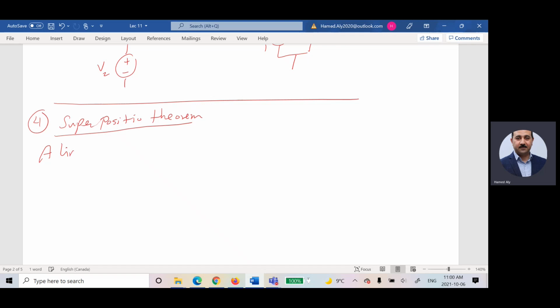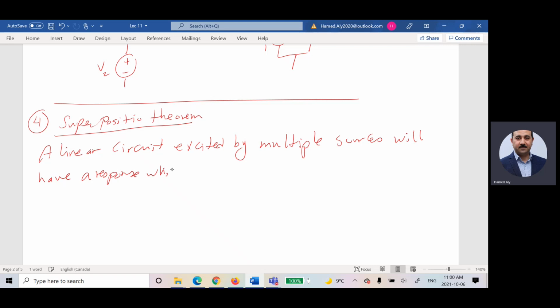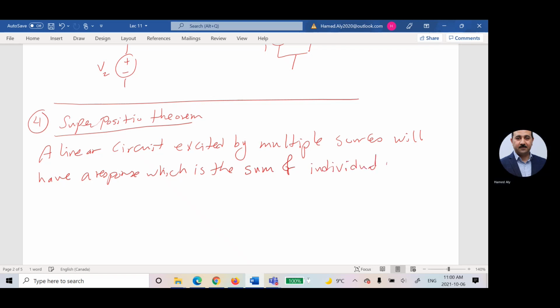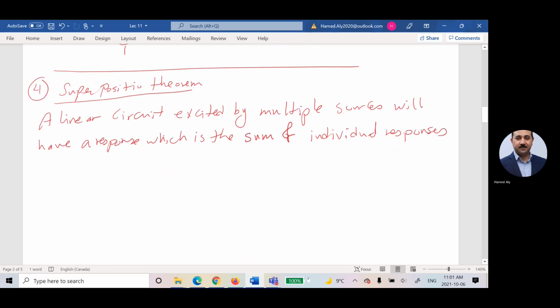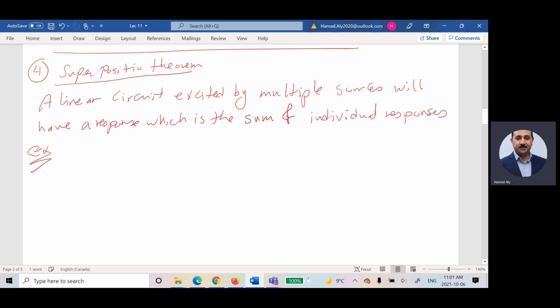It says: a linear circuit excited by multiple sources will have a response which is the sum of individual responses. Let us see an example to clarify that.